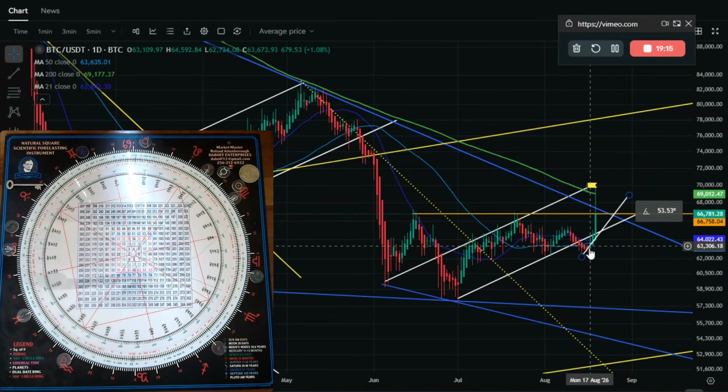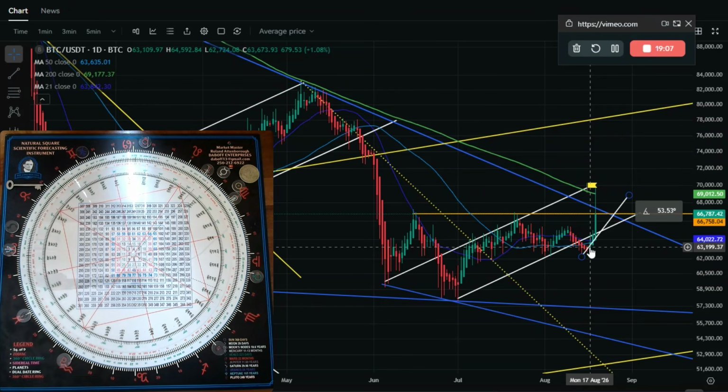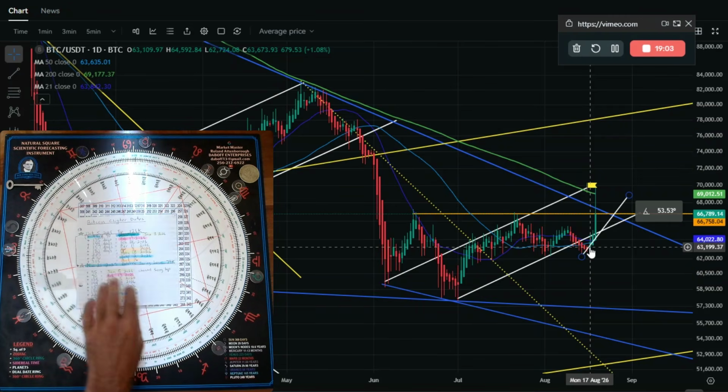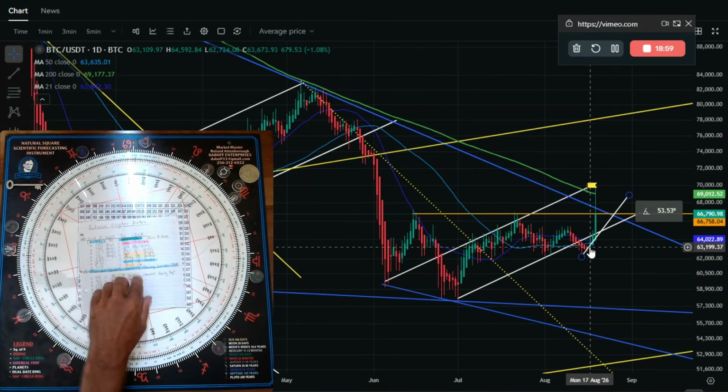And our timing date for the 16th to the 18th came just perfectly on time. The change in trend came perfectly, just as the square had aligned and told us it would. And you guys have seen my scribbled-on piece of paper going back since October, stating all these dates.